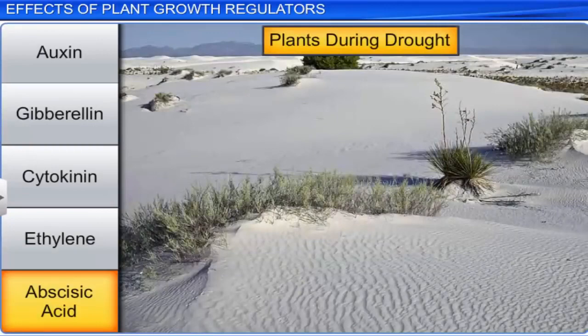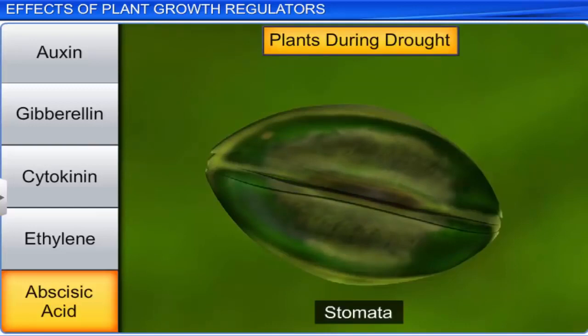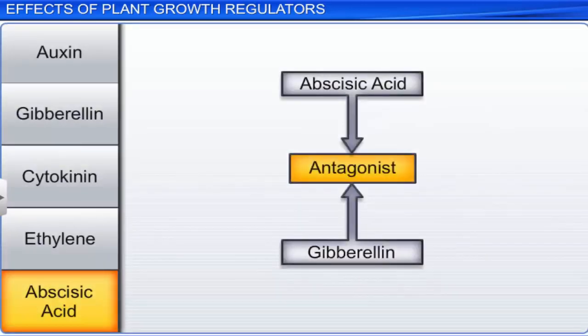In the case of drought conditions, it closes the stomata, thus helping the plant withstand the stress caused by lack of water. In fact, the function of plant growth regulator abscisic acid is opposite to that of gibberellins.